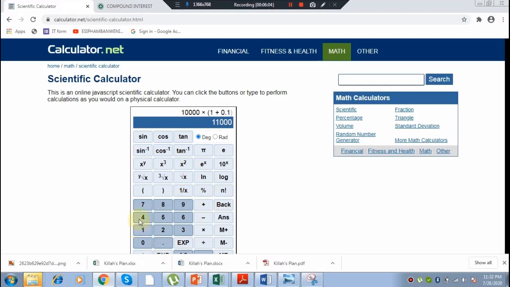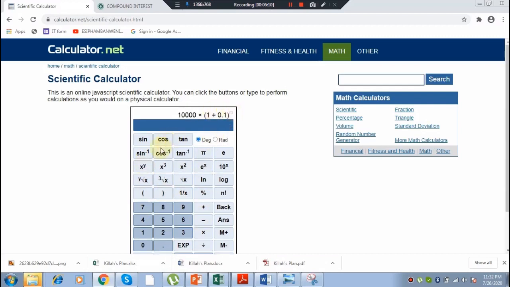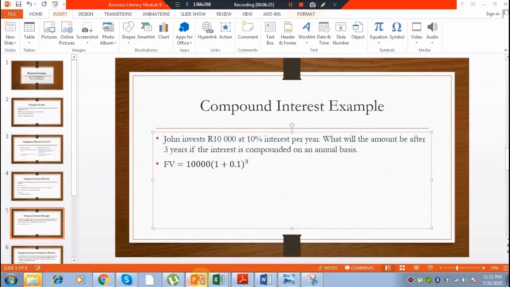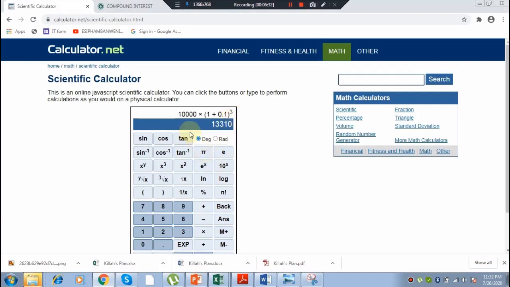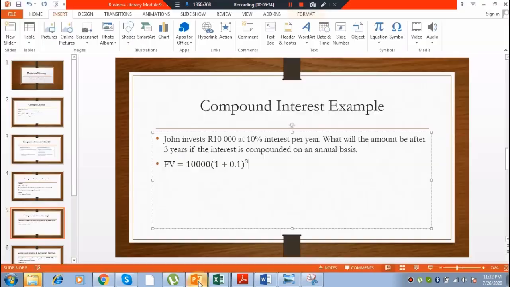And then to the power. It all depends on the calculator you use, guys. Here I just pressed x^y, so make sure you understand your calculator. It is to the power of what? To the power of 3. Here I'm going to punch in my 3. So this is how it is in the calculator.